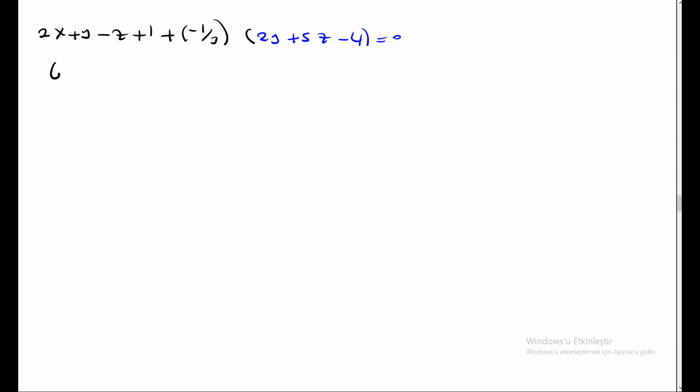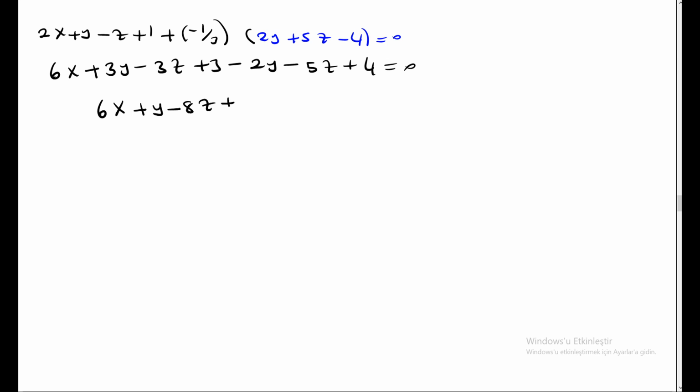Now we have 6 times x plus 3 times y minus 3 times z plus 3 minus 2 times y minus 5 times z plus 4 equals 0. So you have 6 times x plus y minus 8 times z plus 7 equals 0.